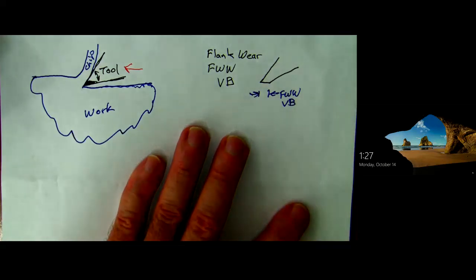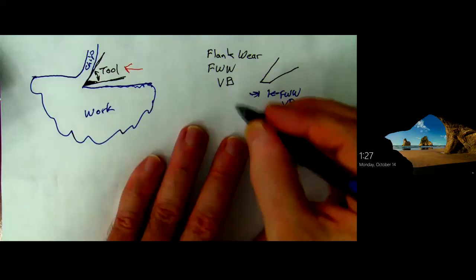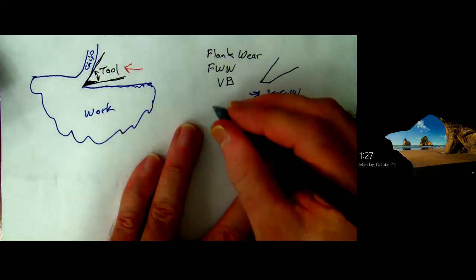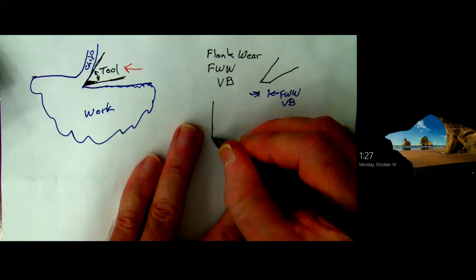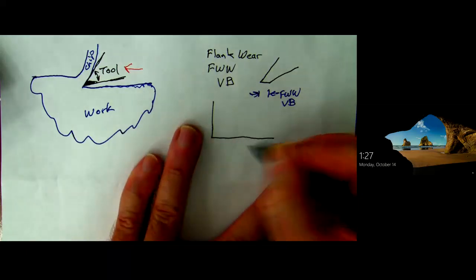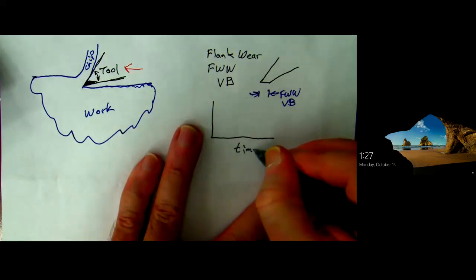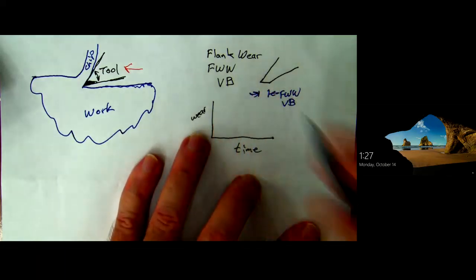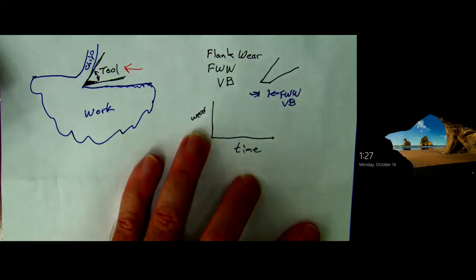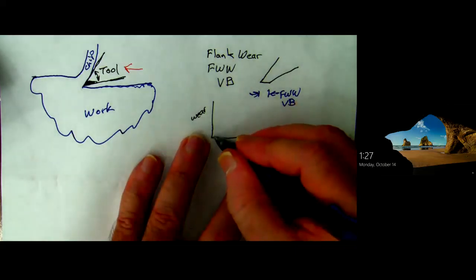Okay, so that's the flank wear width. The curve of this as a function of time is your standard wear curve that you always see. And this really applies to like a million things, not only to this.